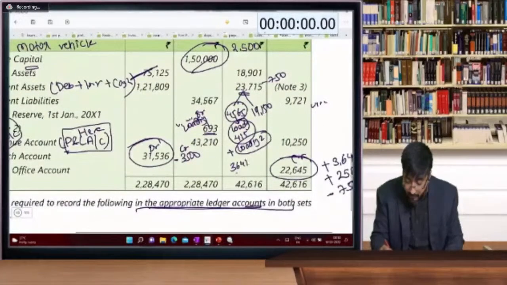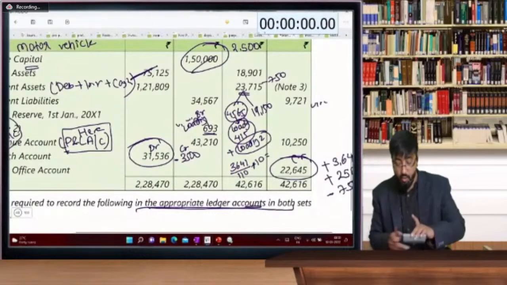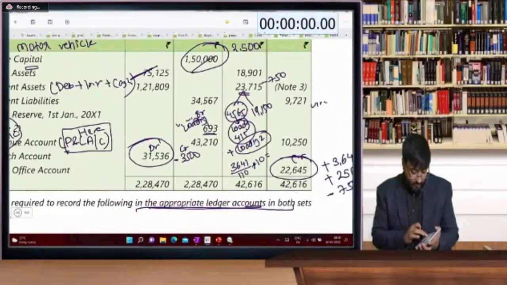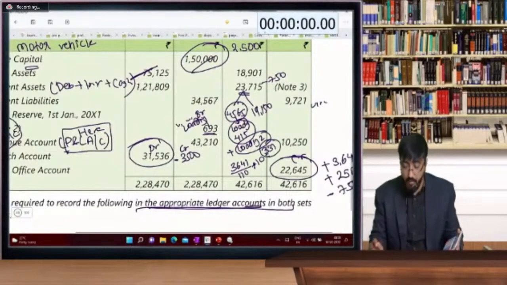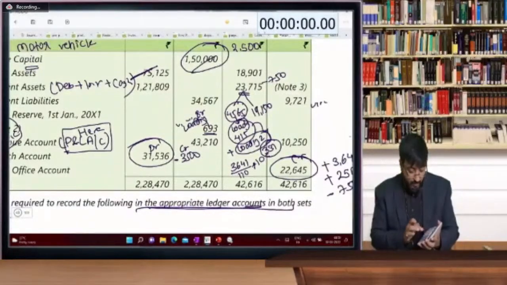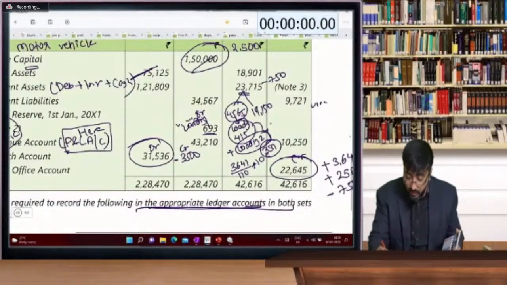3641 divided by 110 into 10. So loading number 2 is 331. So there are two loadings, 415 plus 331, total loading 746.